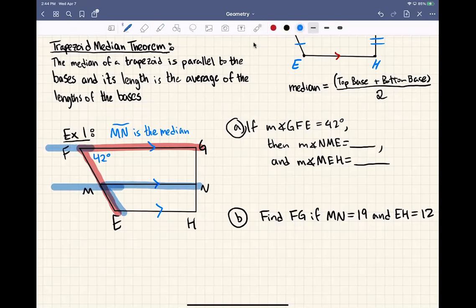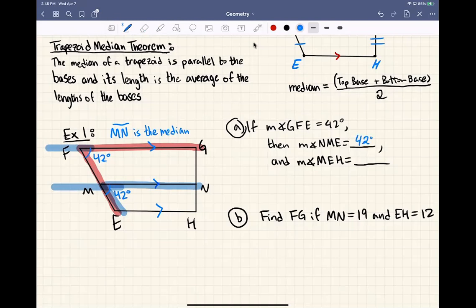So we know that this angle here is going to be congruent to this angle here. So this is going to also be 42 degrees because they are corresponding angles. So this is going to be 42 degrees as well.